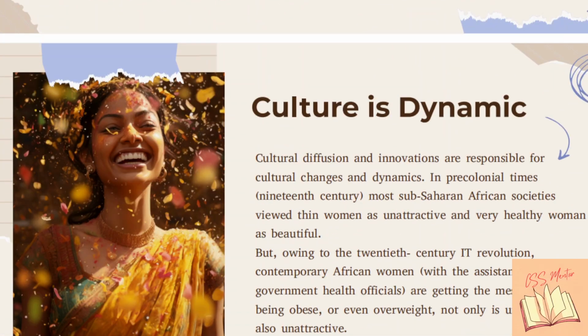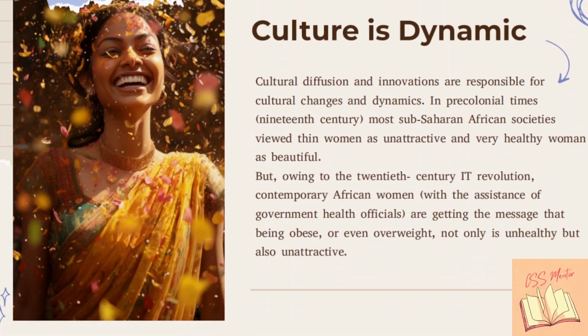Moving on, culture is dynamic. So, cultural diffusion and innovations are responsible for cultural changes and dynamics. In pre colonial times, in the 19th century, most sub Saharan African societies viewed thin women as unattractive and very healthy women as beautiful.